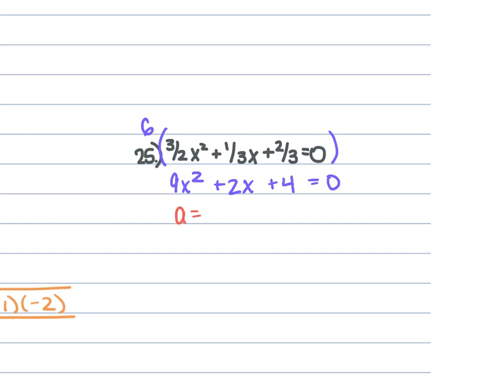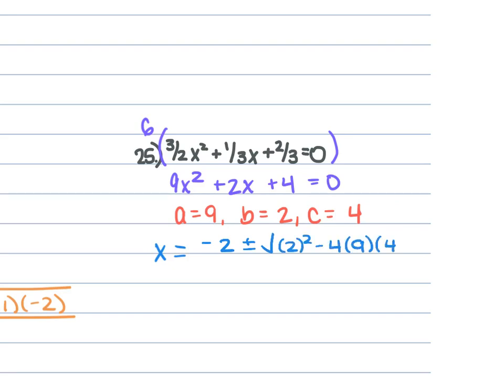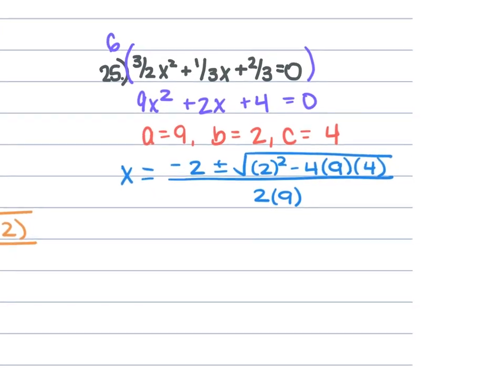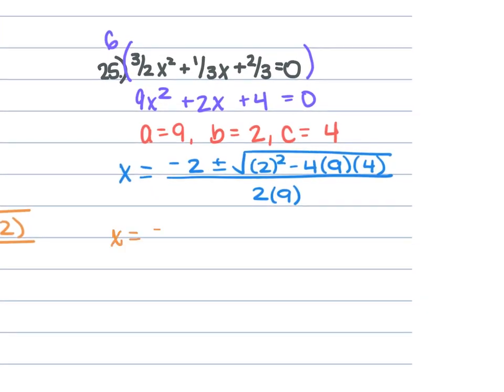So our A is 9, our B is 2, and our C is 4. So this is going to leave us with x is equal to -2 plus or minus the square root of 2 squared minus 4 times 9 times 4 all over 2 times 9. So simplifying this even further, we have x is equal to -2 plus or minus the square root of 4.